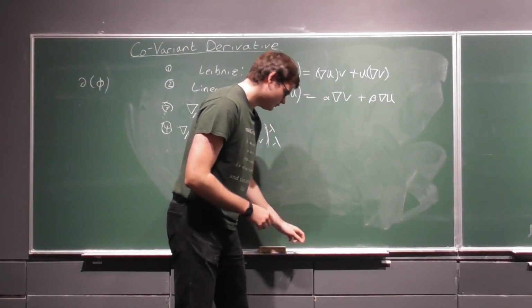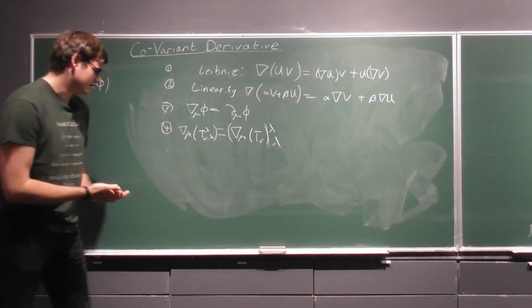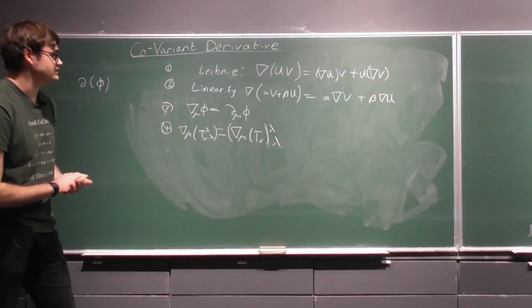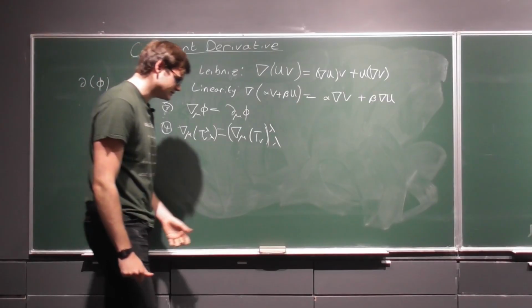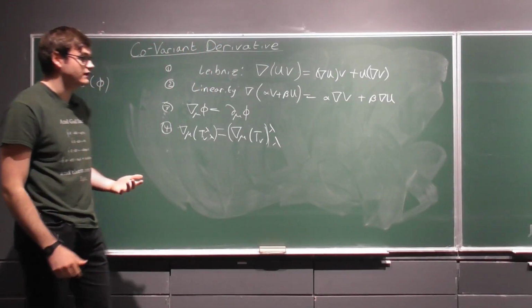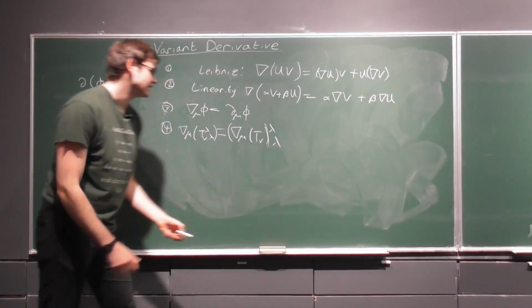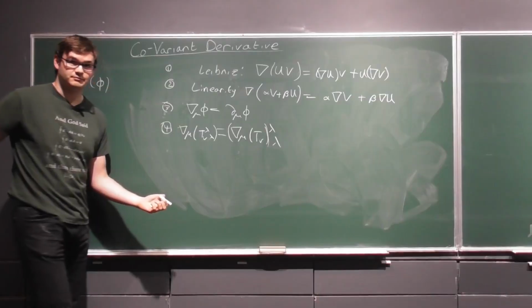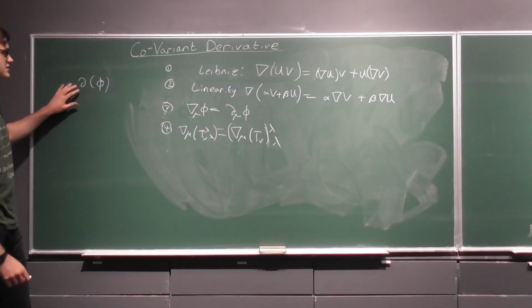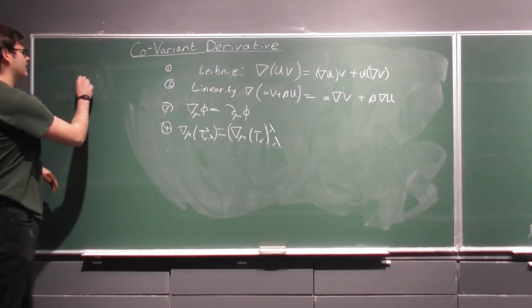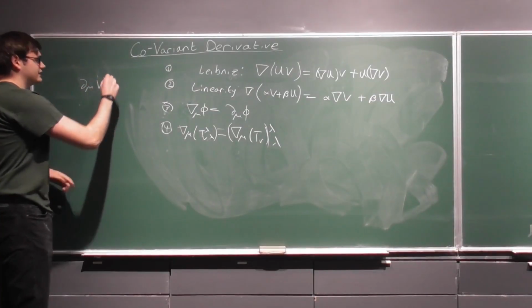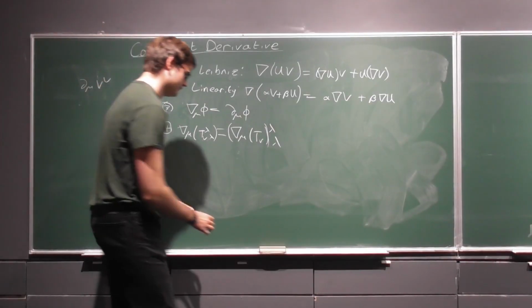So with these, it turns out we can figure out a lot. The first thing will be to figure out how this looks when it acts on vectors. Scalars, we've pretty much already by definition defined that way, and we saw already that using this definition for vectors doesn't work. It's not a tensor.